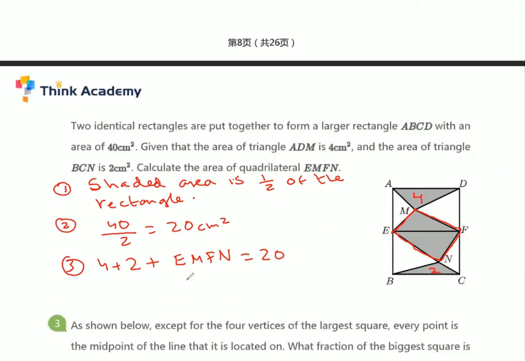In other words, we know that the area of EMFN is just very simply going to be 14.